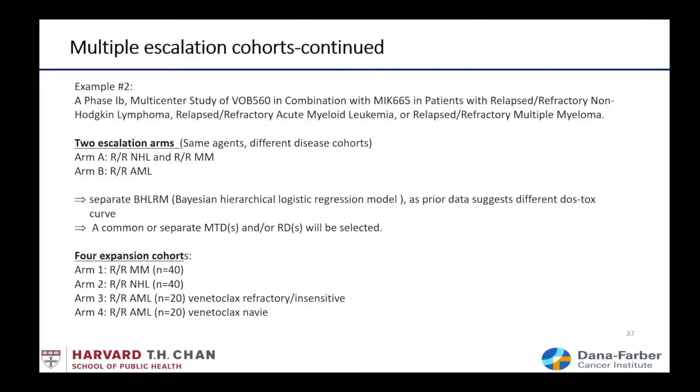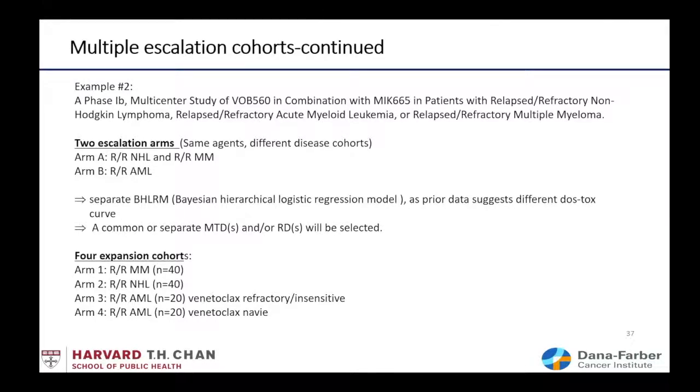In this design they use Bayesian hierarchical logistic regression models, using different initial guesses about those toxicity curves, and do parallel independent dose escalations. At the end of the day, they could select a common or separate MTDs for different arms.